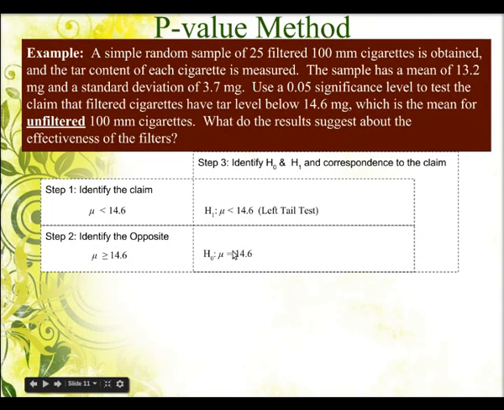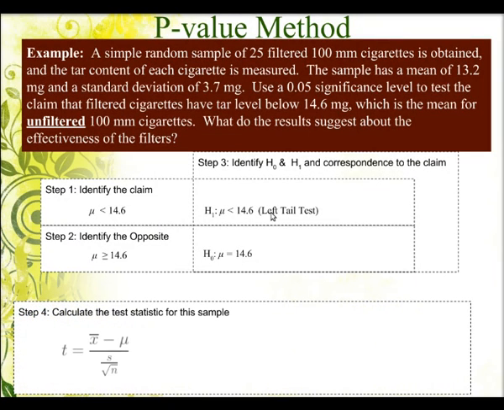So our null hypothesis, of course, is the mean equals 14.6, but since the alternative is less than, we know we're dealing with a left tail test. Now let's calculate the test statistic for this sample. The mean from my sample, my X bar, was 13.2 milligrams.